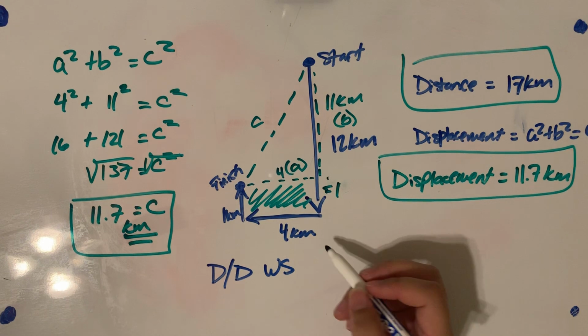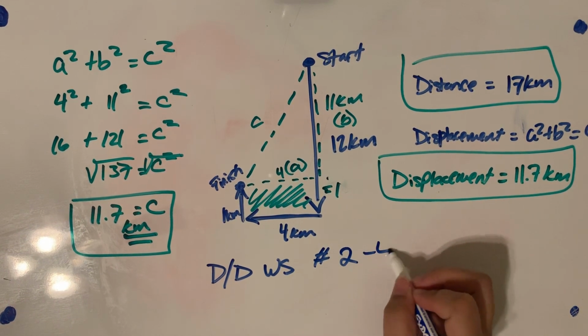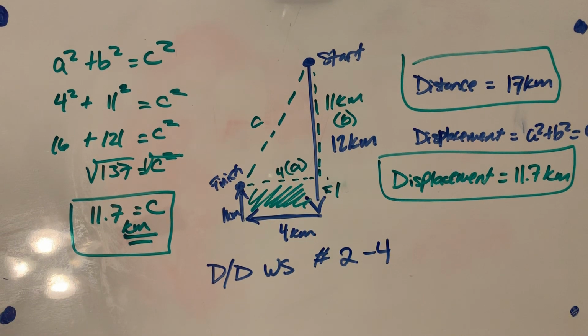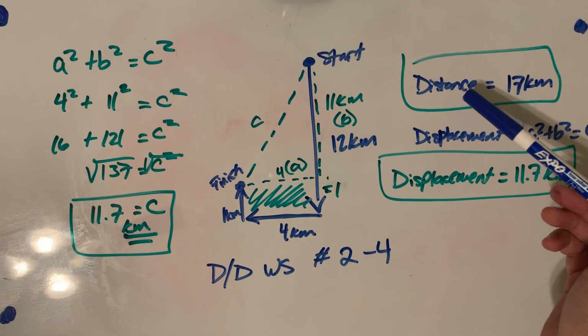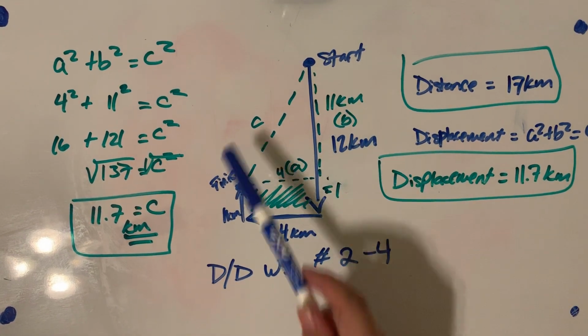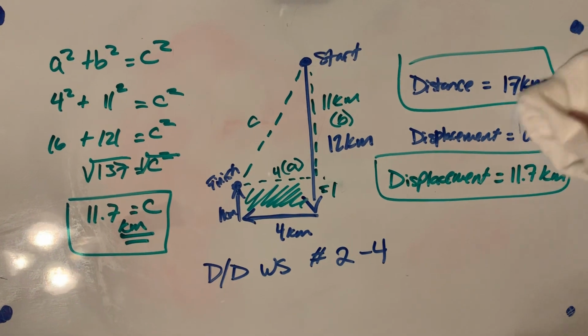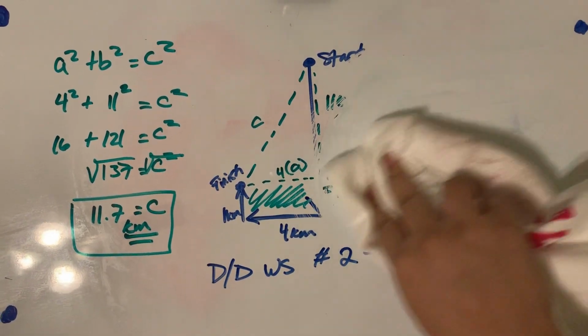Practice number 2 to 4. Okay, that gives you the best practice because it works on both distance and displacement. It works on you guys having to create this right triangle. So we're gonna move on. Erase.